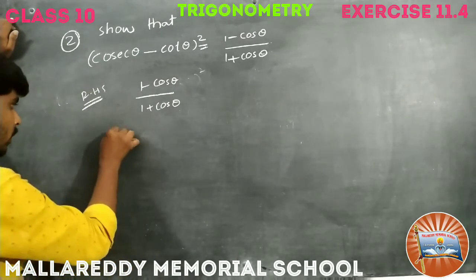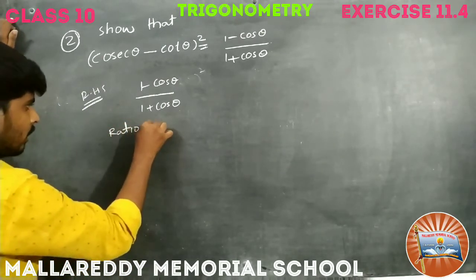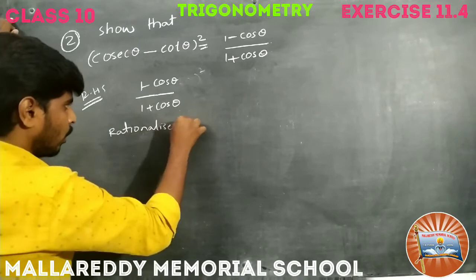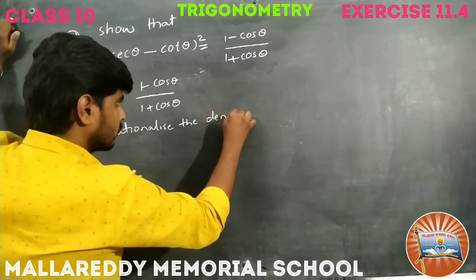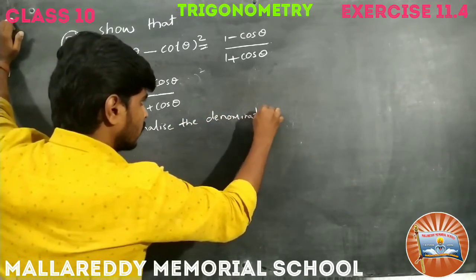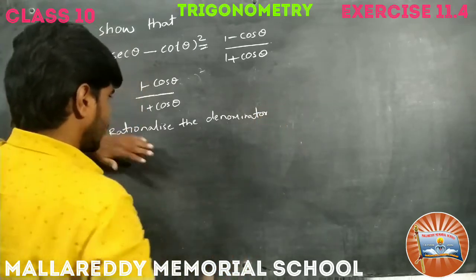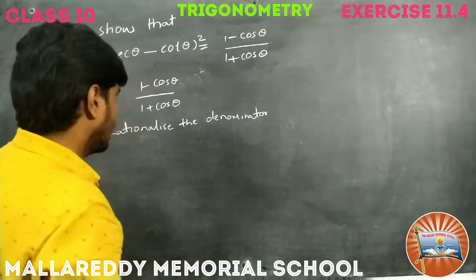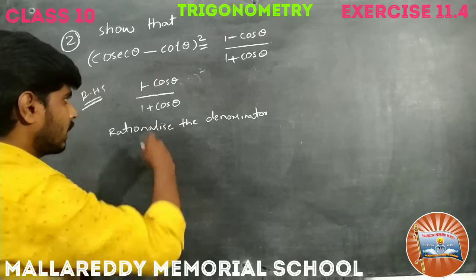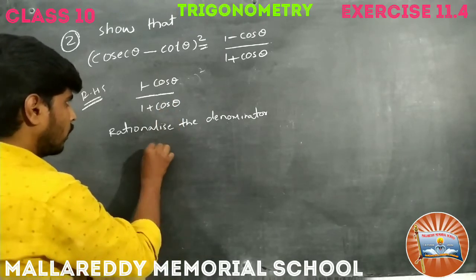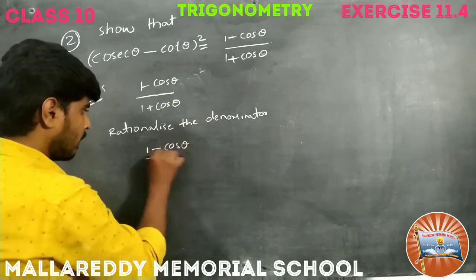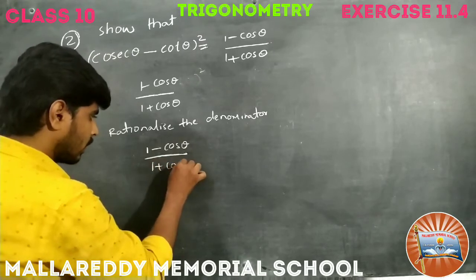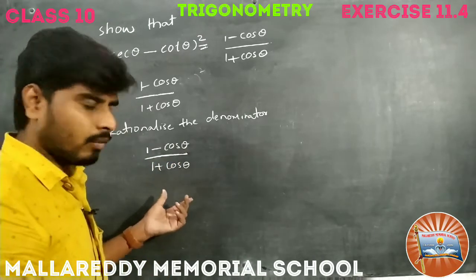Now rationalize the denominator. So we already learned about this rationalization process in 9th class. Okay, right. I am going to rationalize this. So what becomes? (1 minus cos theta) by (1 plus cos theta). What is the rationalization factor of 1 plus cos theta?